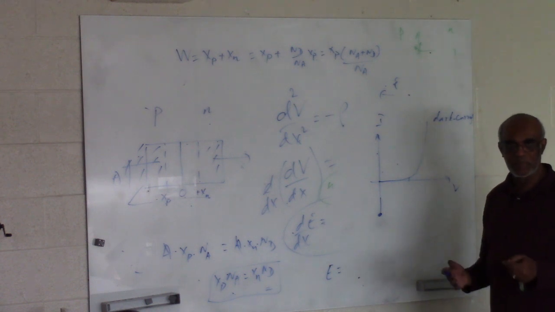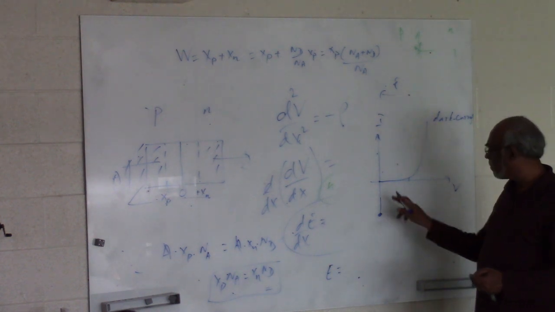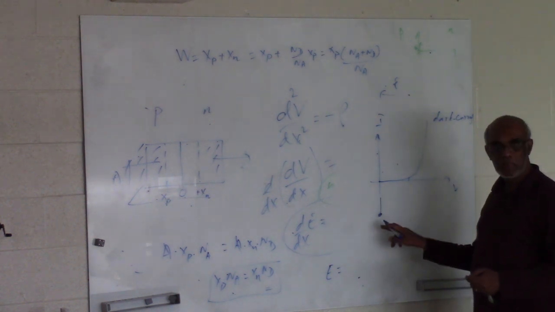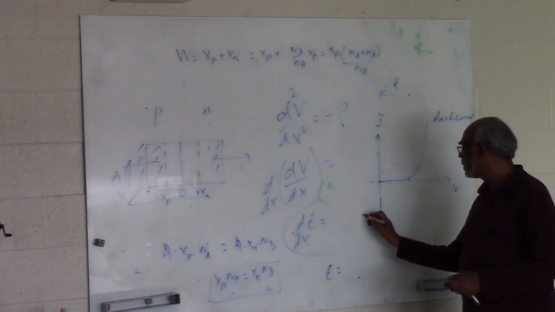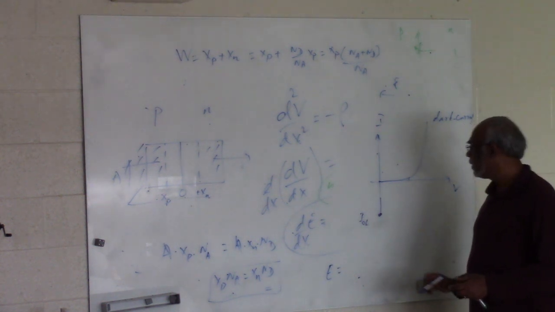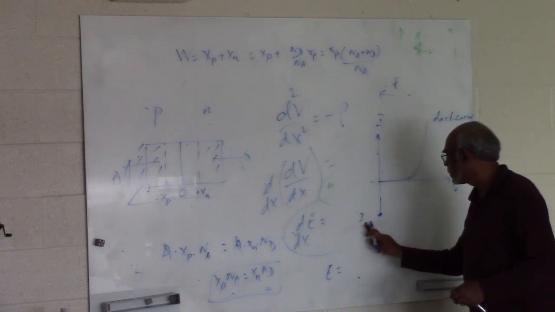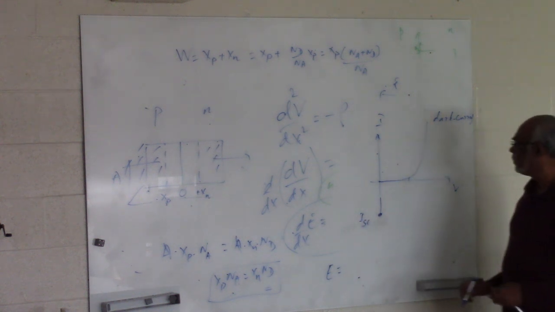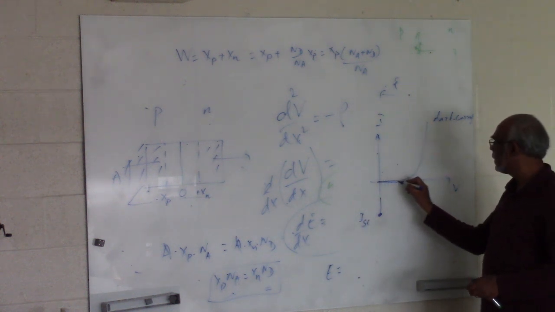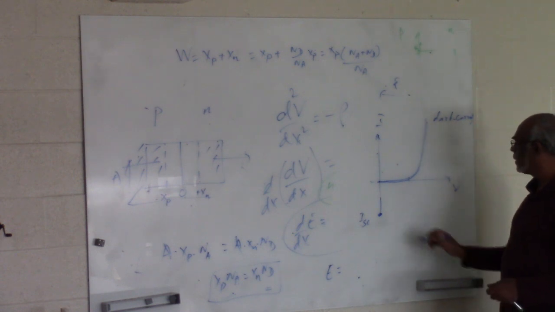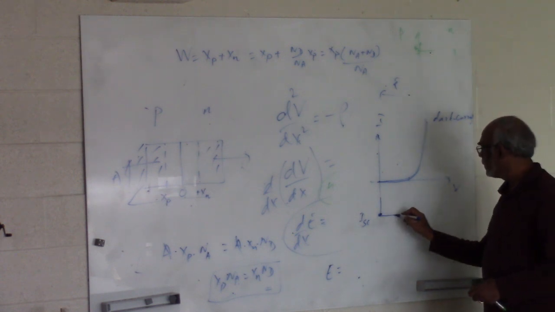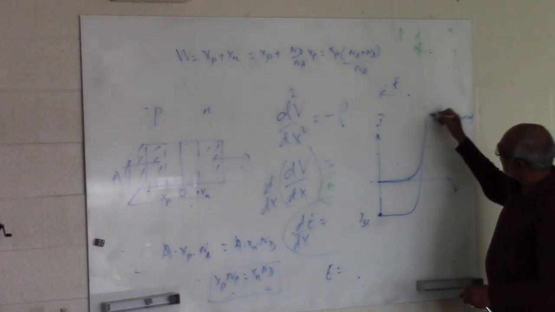That's the solar cell. You get a large enough current even without any bias. We call this the short circuit current. So this is typically the dark current characteristic.